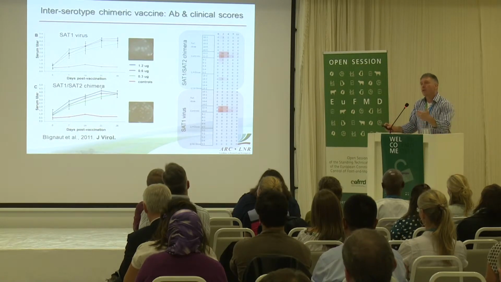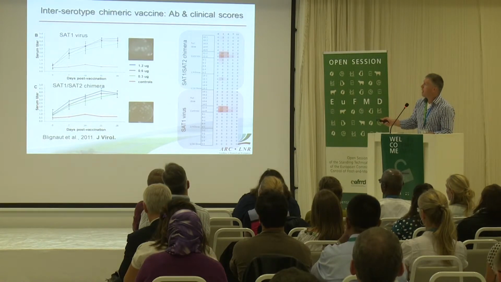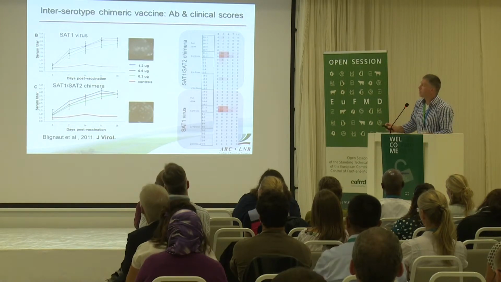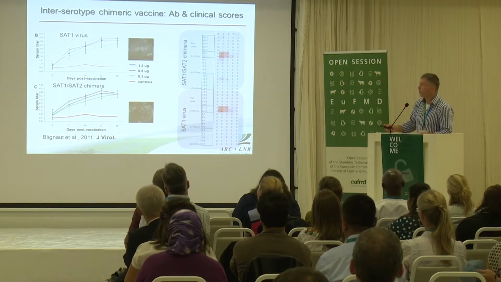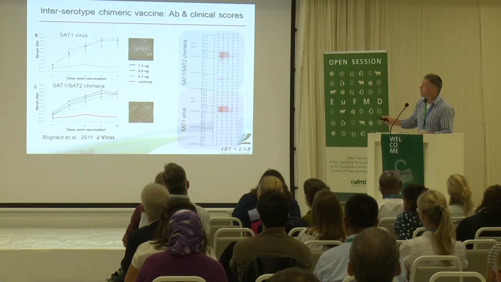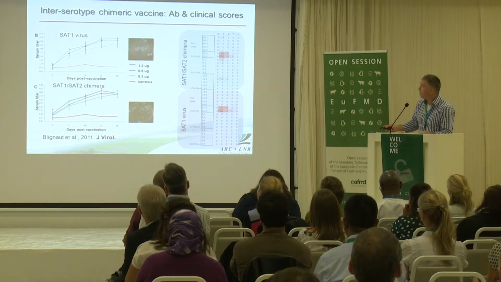But the question is always, when you introduce mutations, does it also have antigenic effects? We used in this case another virus, a SAT1 SAT2 interserotype chimera, and we compared a vaccine made from the interserotype chimera virus with that of the wild type SAT1 virus. The chimera virus has the positive charges on the 5-fold axis. The antibody responses after 28 days of vaccination were comparable.